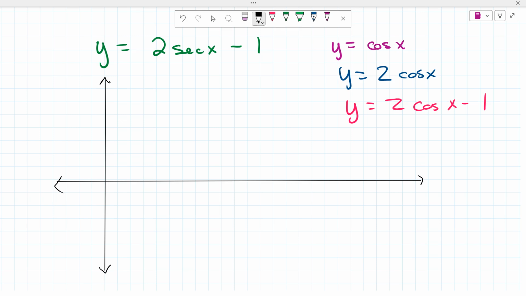All right, so pi over 2, pi, 3 pi over 2, 2 pi, 5 pi over 2, 1, 2, negative 1, negative 2, negative 3.